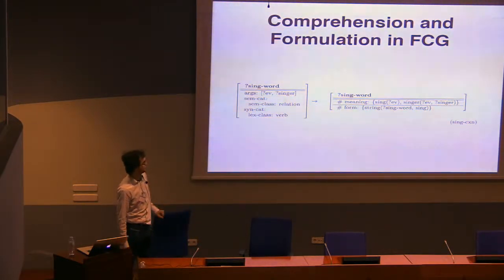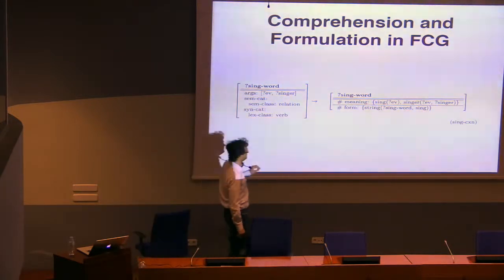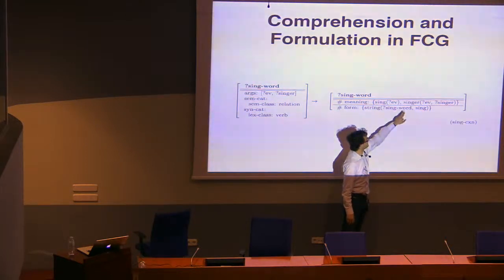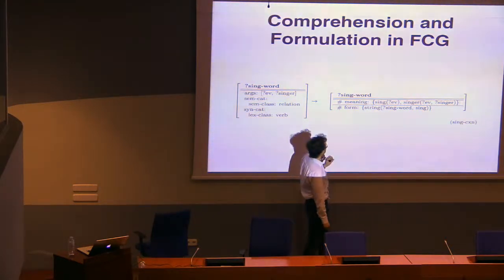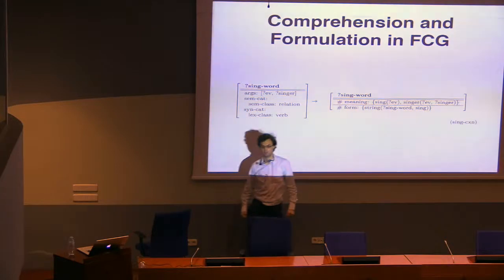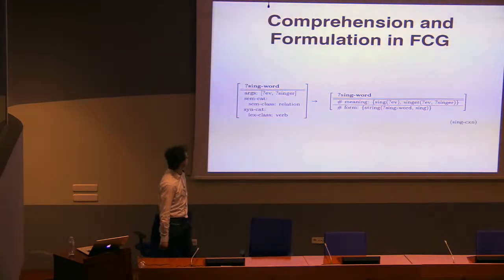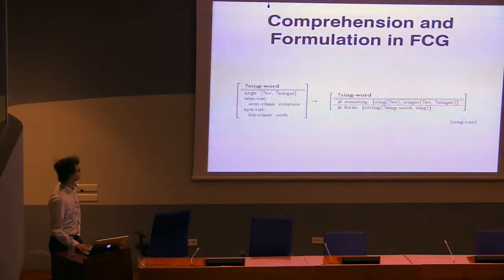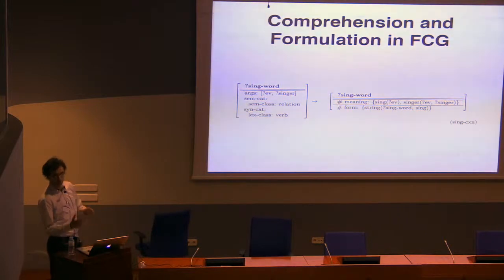In production, it's the other way around. If he finds in his meaning that he has conceptualized a sing event, or the singer of the event is a singer, then he will merge this form, namely the string "sing", in this example construction, and these other features. This is on a very basic level, a direct mapping between the string "sing" and a meaning, sing event, singer event.